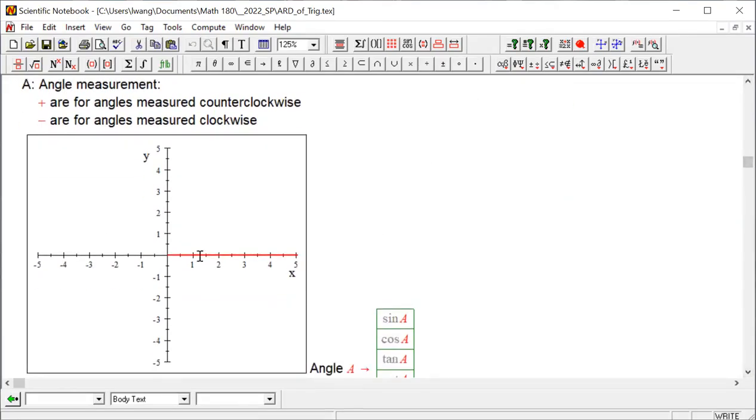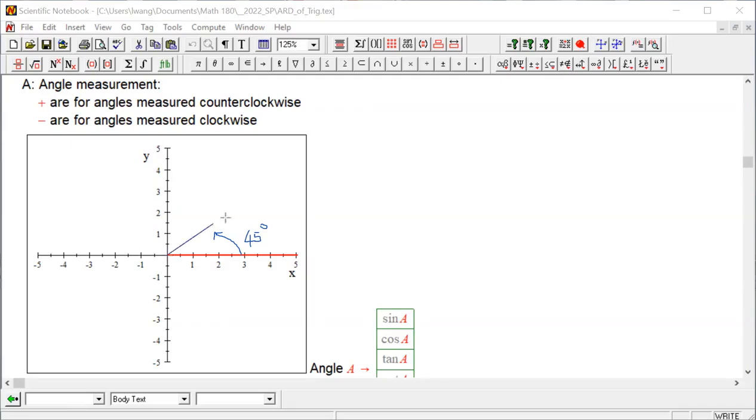Say we measure 45 degrees counterclockwise. There's a terminal to that angle.